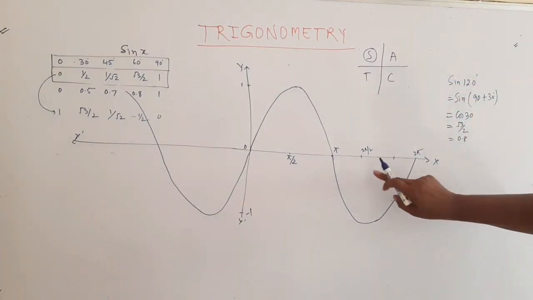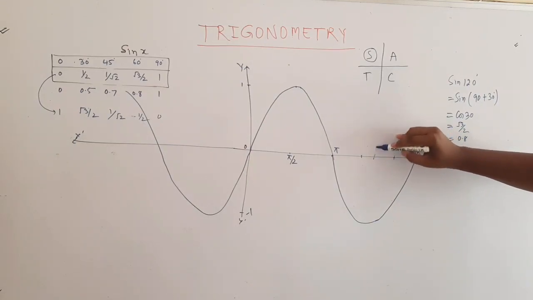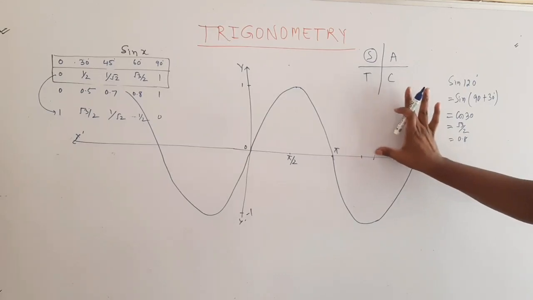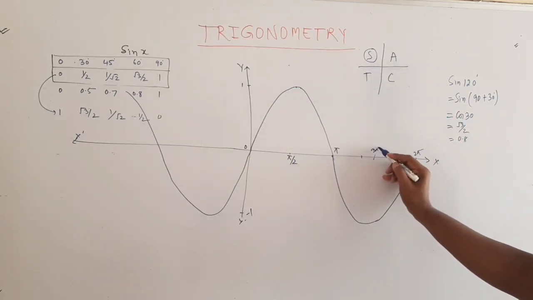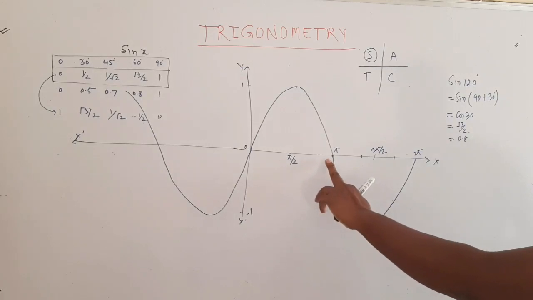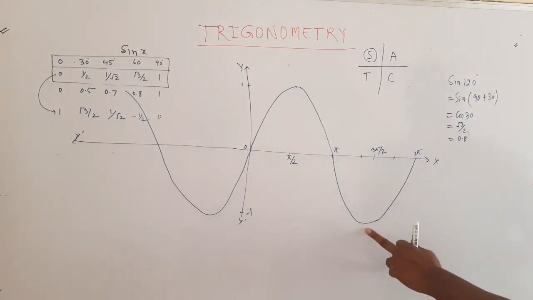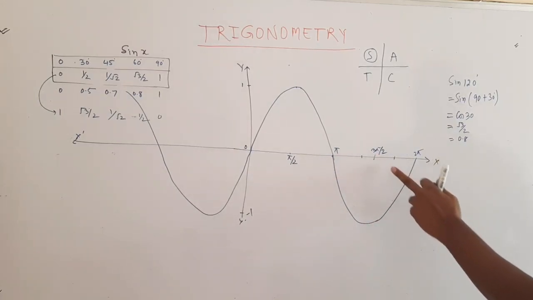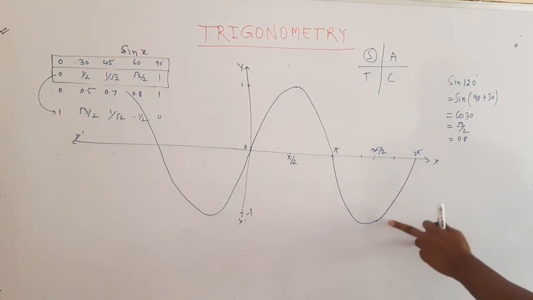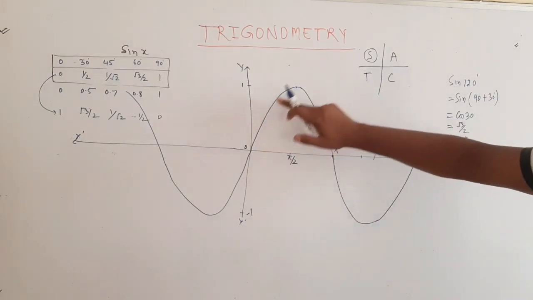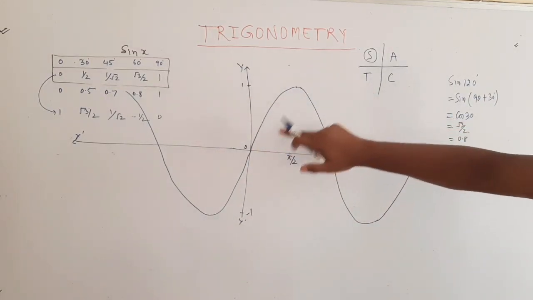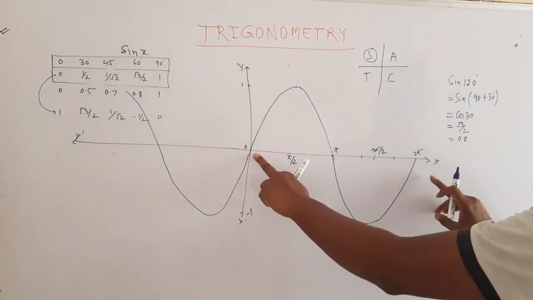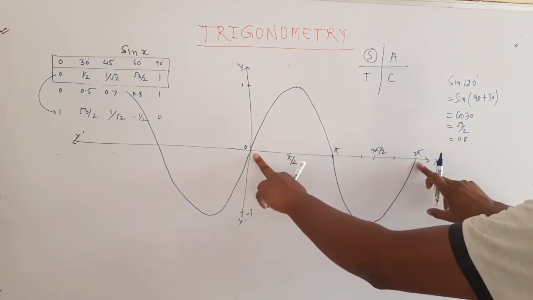So from pi to 3 pi by 2 the value goes from 0 to negative 1, and then from 3 pi by 2 to 2 pi it goes again from minus 1 to 0. So this is one complete cycle, flipping between minus 1 and plus 1, and this is the periodicity because it repeats every time after the interval of 2 pi.